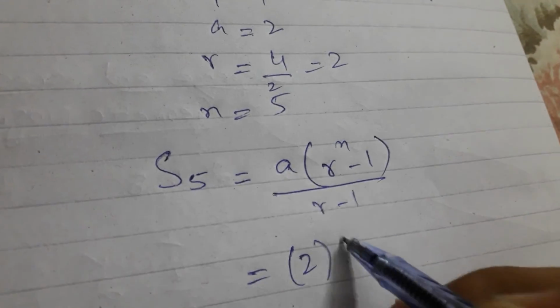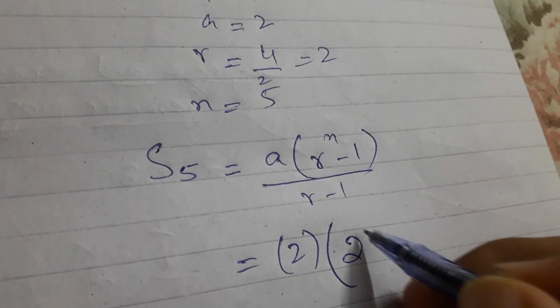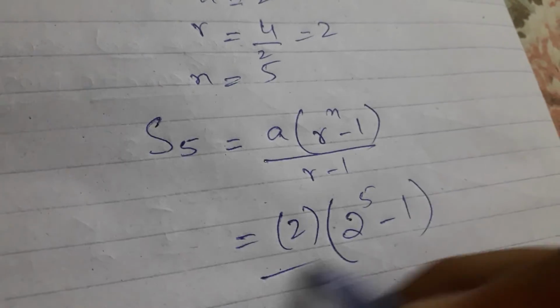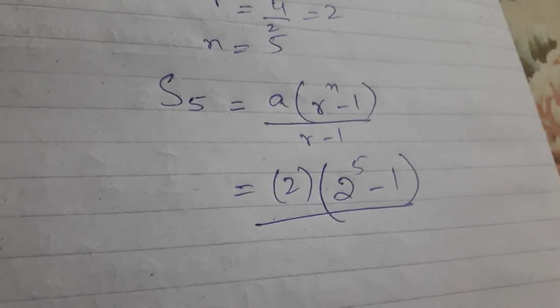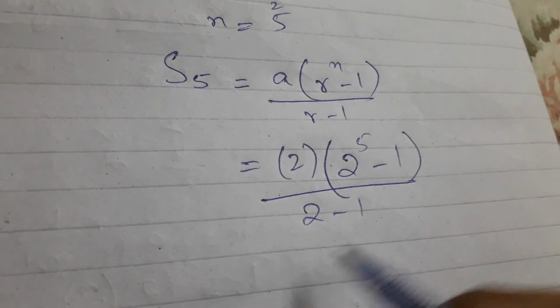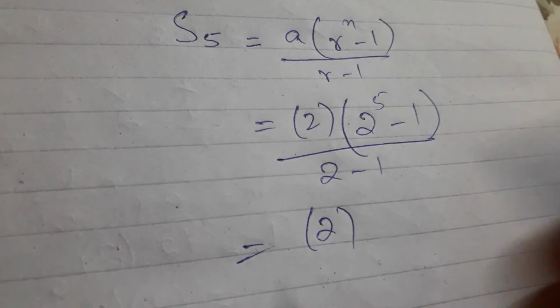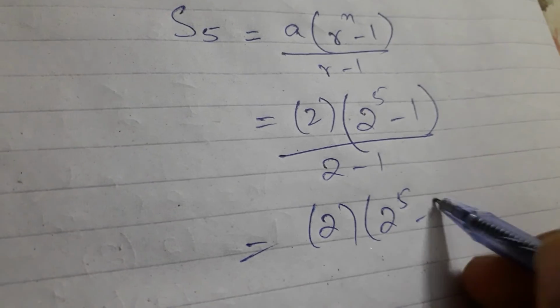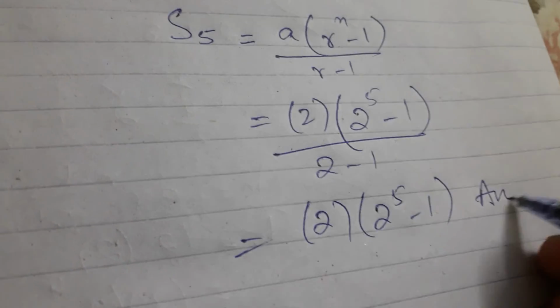Simply put the values: 2 times 2 to the power 5 minus 1 over r minus 1. r is 2, minus 1. So simply we can put the values and we will get the answer.